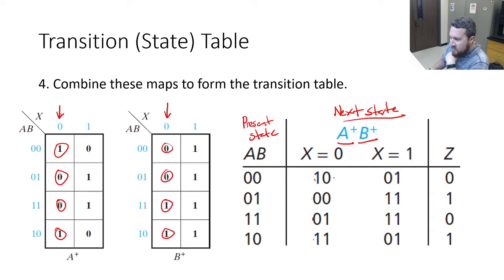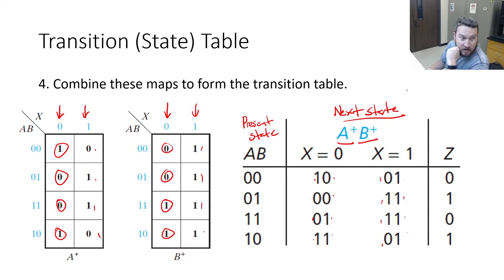And that's what we have, 0, 0, 1, 1. And then we do the same thing for x equals 1. For A plus, we look over at the x equals 1 column, 0, 1, 1, 0, and that's what we get, 0, 1, 1, 0. And then for the B column, we look again at x equals 1, and we get 1, 1, 1, 1. And that's what we have.